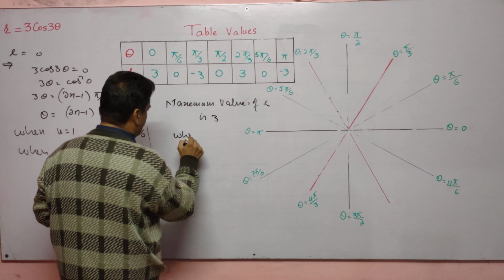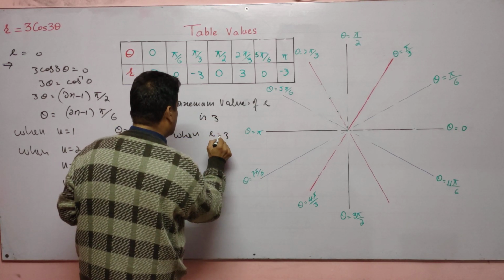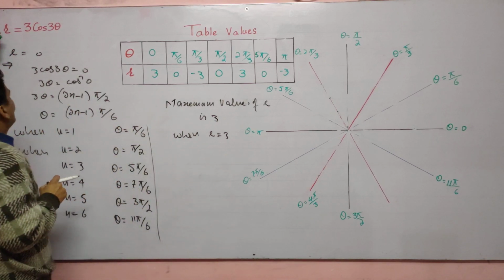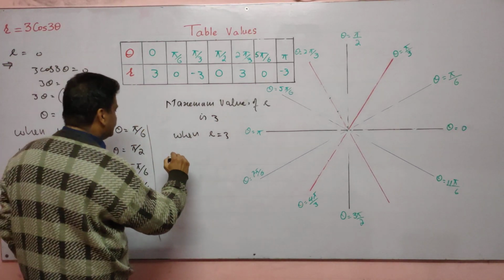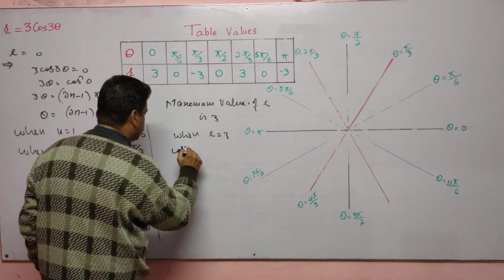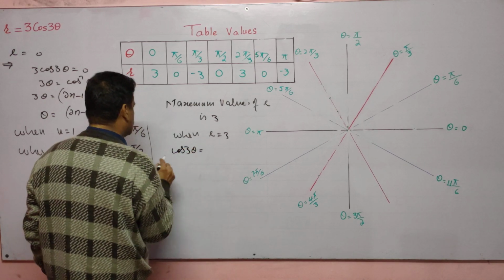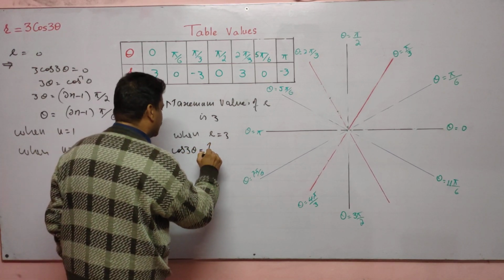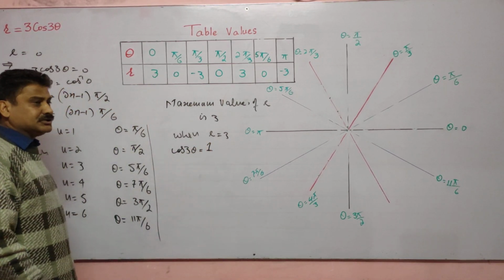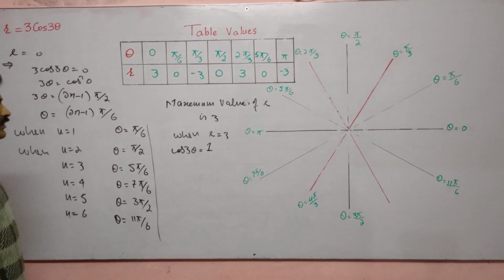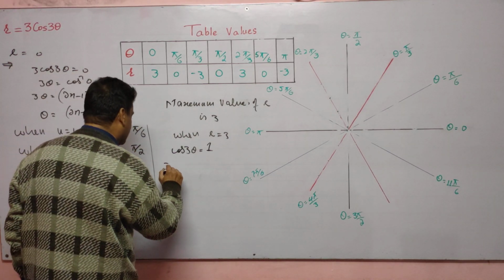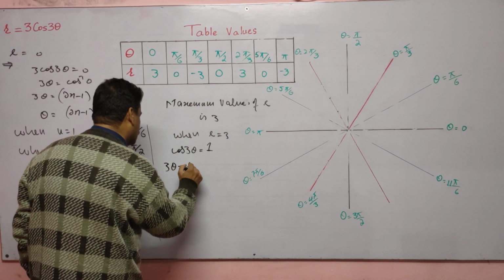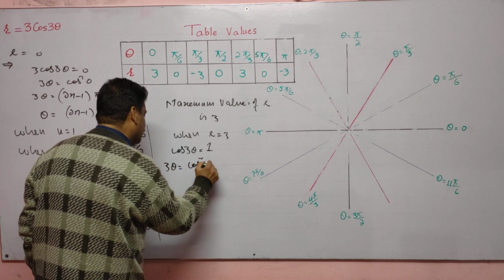When r is equal to 3, we put r = 3 and get 3 cos 3θ = 3, so cos 3θ = 1. When cos 3θ = 1, we get the maximum value of r. So 3θ = cos inverse 1.